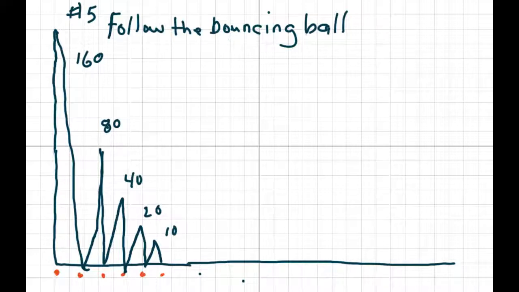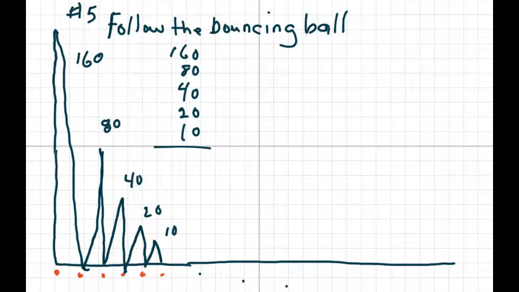Okay, so it says add the vertical distance, and we take our pencil and we add them up. 160, 80, 40, 20, 10. Now we can combine this 6 and the 4, and we get a 10.